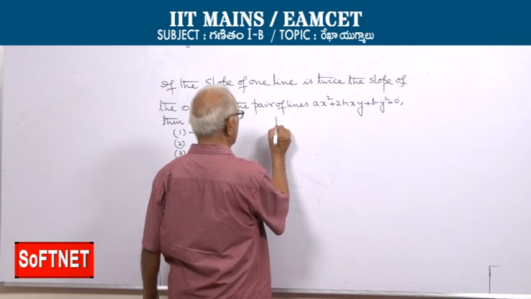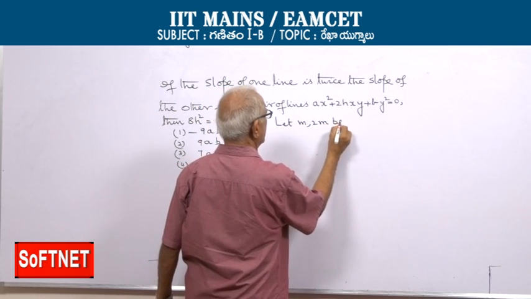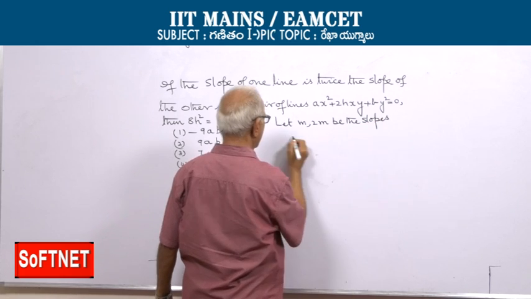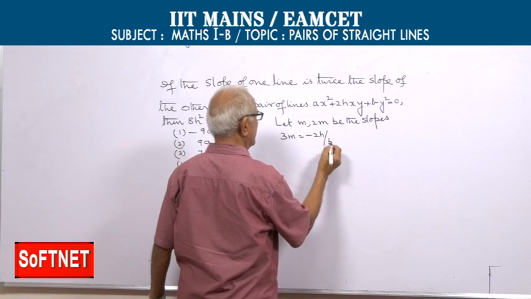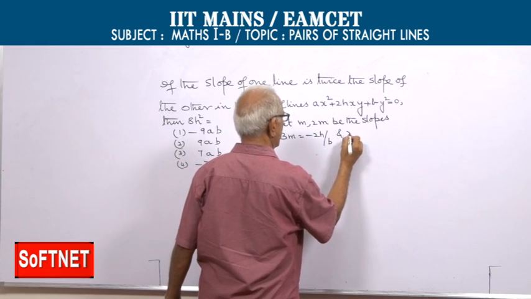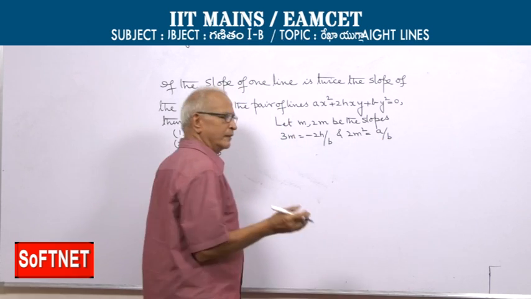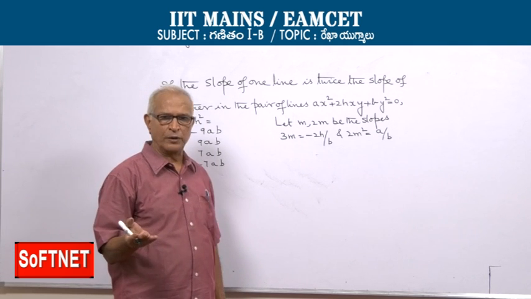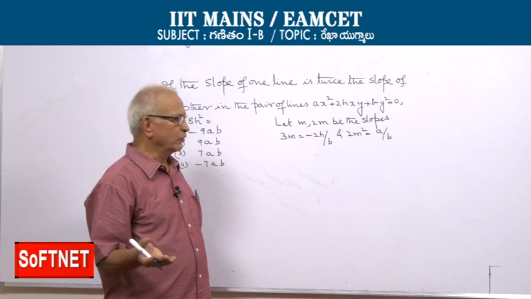Let the slopes be m and 2m. Then the sum of the slopes is 3m equal to minus 2h by b, and the product of the slopes, 2m square, equal to a by b. Product of the slopes 2m into m is 2m square, a by b. Sum of the slopes is 2m plus m, that is equal to 3m, that is equal to minus 2h by b.